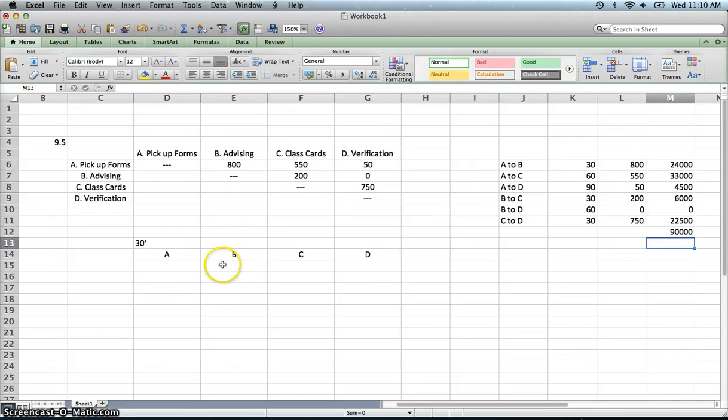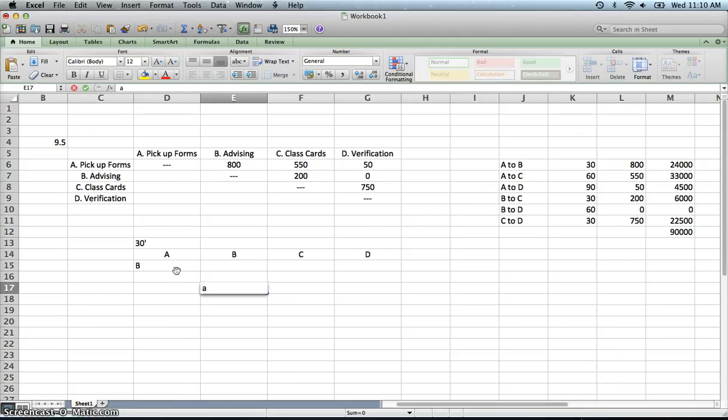So let's play around with this. Let's say if we were to rearrange this and go with a layout of, so we're going to put advising first here. Here's where you have to be a little creative. So we're going to put advising first, and then we're going to put the picking up the forms.